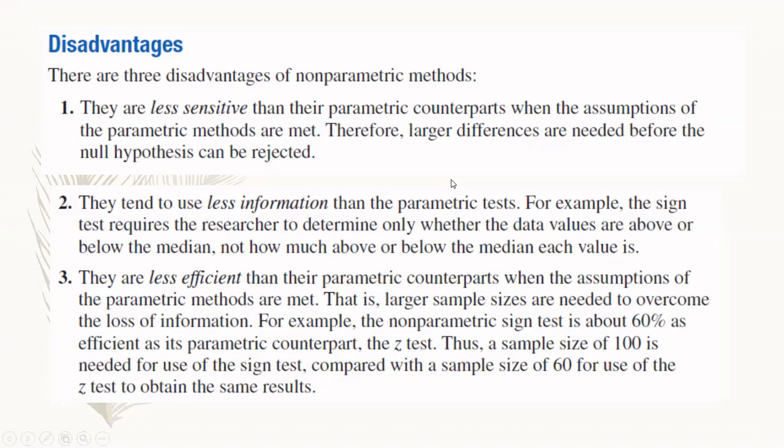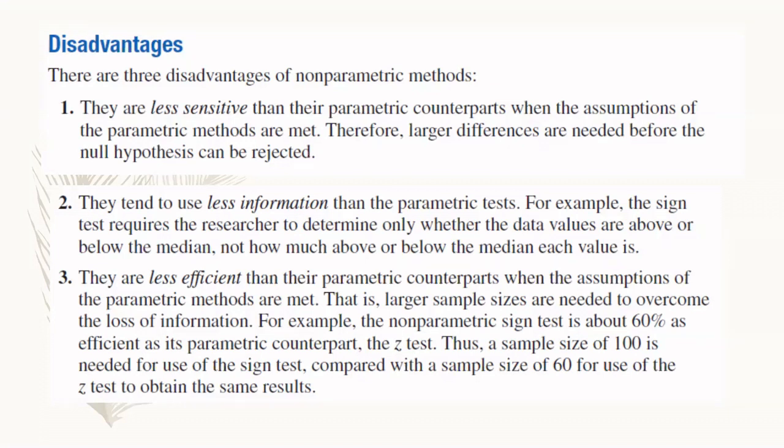Second, they tend to use less information than the parametric test. So ano ba ibig sabihin ng less information? Ang idea, bakit siya disadvantage, the more information that we can incorporate in the test, the more reliable yung test natin.